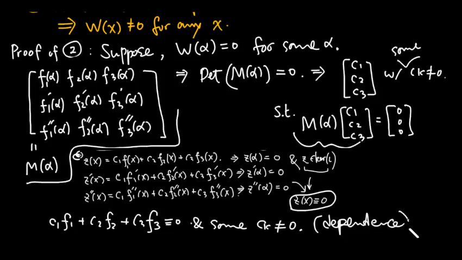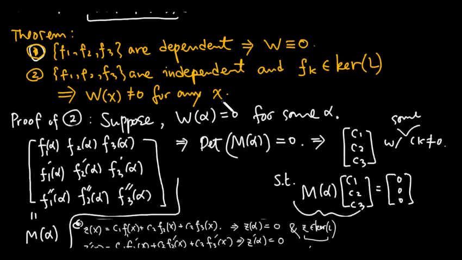So that contradicts the independence condition we have there. So there is a contradiction. Therefore, the supposition that there exists a single alpha value that makes the Wronskian 0 is necessarily incorrect. So that proves the statement: no matter what you plug in, the Wronskian is going to remain non-zero.